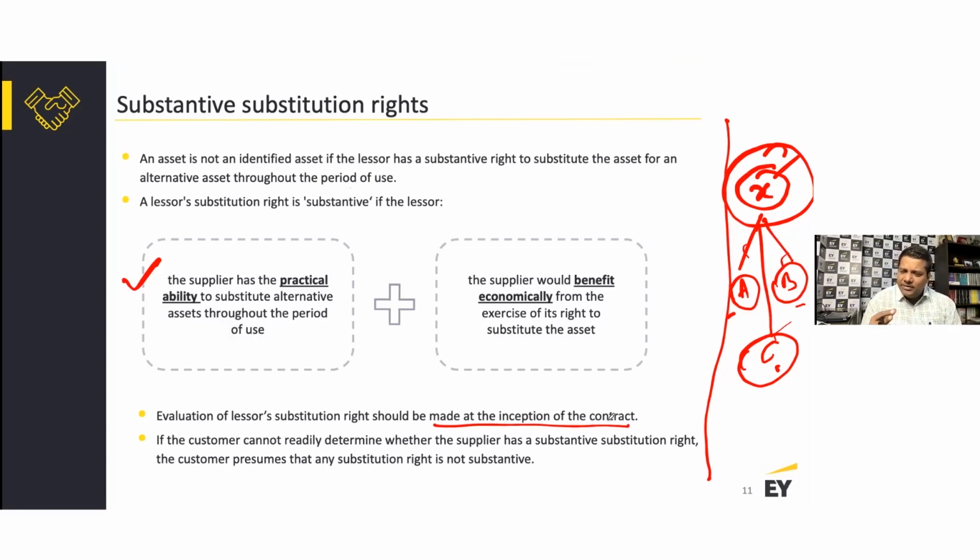So if the agreements are not very clear, but you are under an obligation to pay, then you will assume that the supplier doesn't have a substantive substitution right, or that he will not do it because it doesn't make economic sense for him, right? So you have to look at both. There has to be a practical ability as well as economic business sense from a supplier perspective to replace an already identified asset in a lease arrangement.